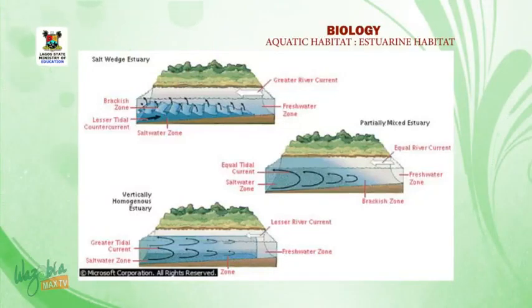This diagram illustrates the 3 main types of estuarine mixing: tides, wind, wave motions, and river runoff all contribute to create various water conditions within estuaries.